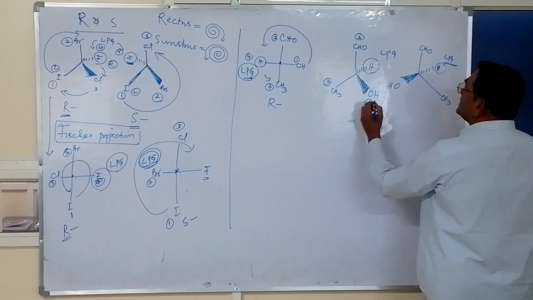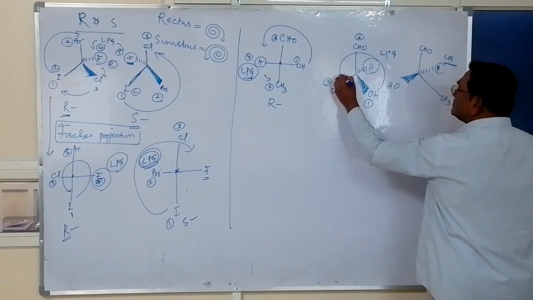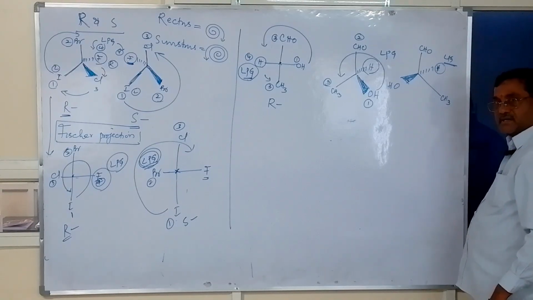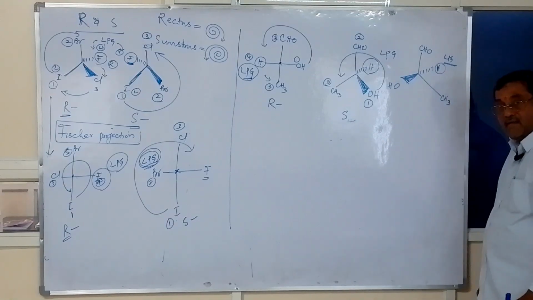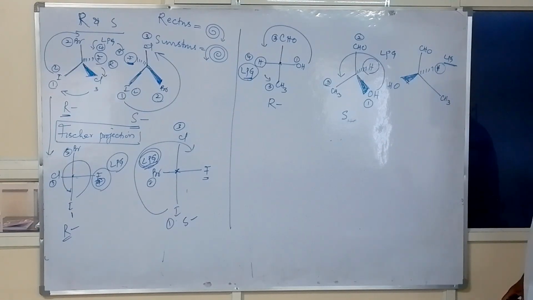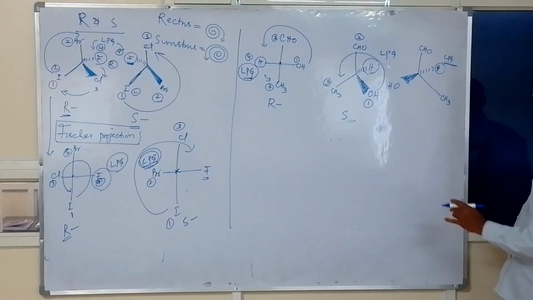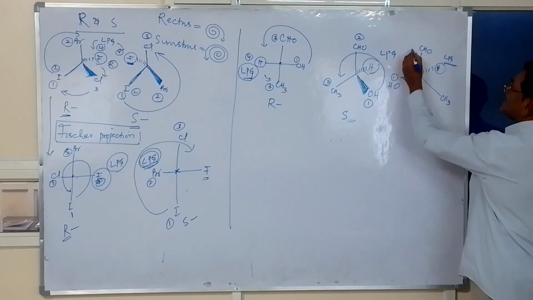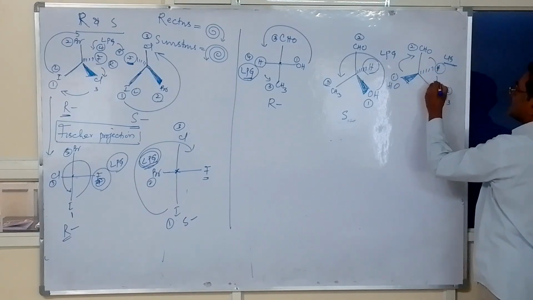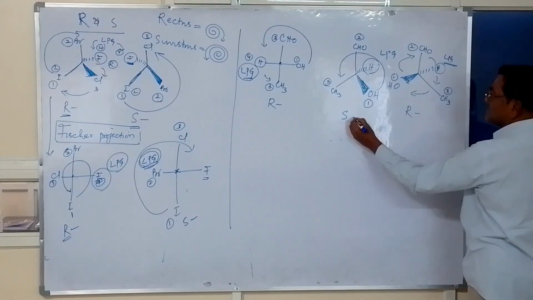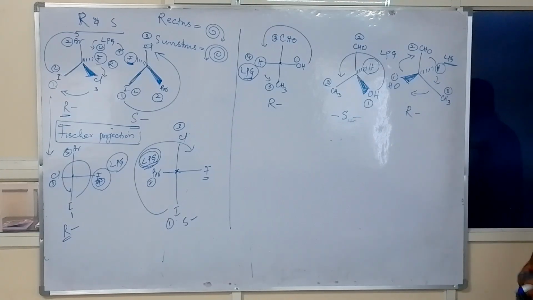Tell me now, it goes in the anti-clockwise direction, is it not? So anti-clockwise means S, right? When the least priority group is on the dash. Then similarly, if this goes in the clockwise direction, then it is going to be R, children. So this is the way of writing R and S configuration. This is the way to write R and S configuration.